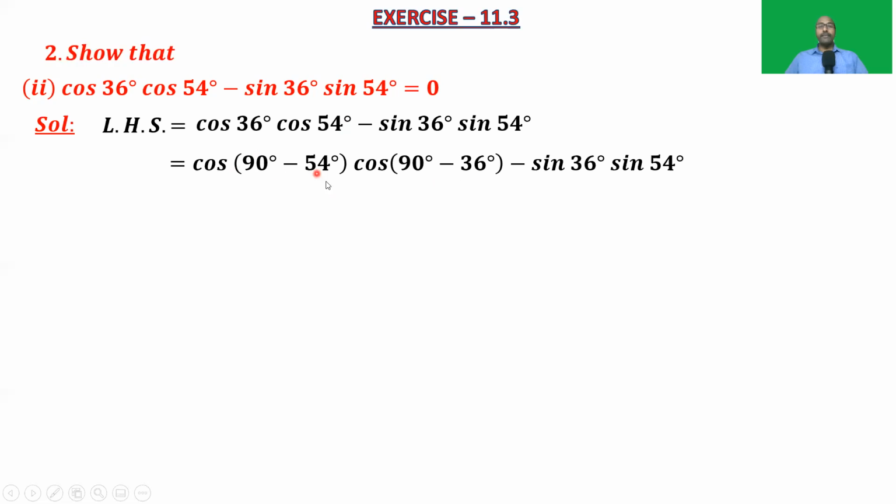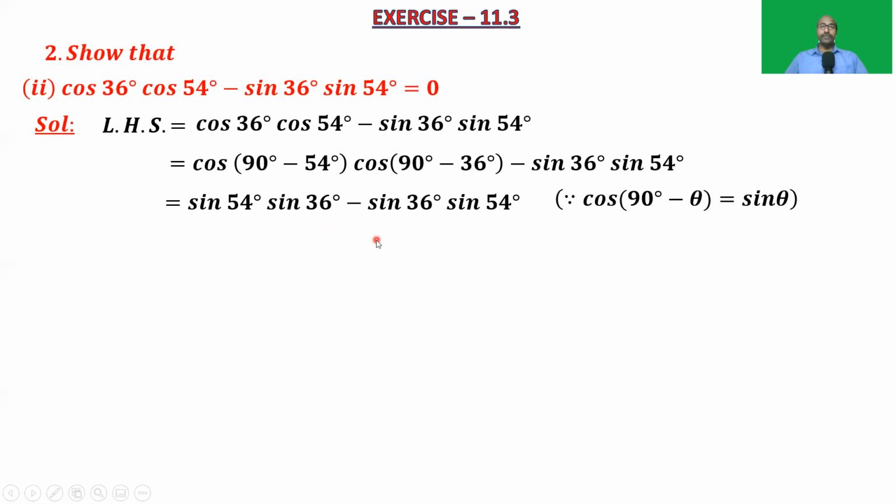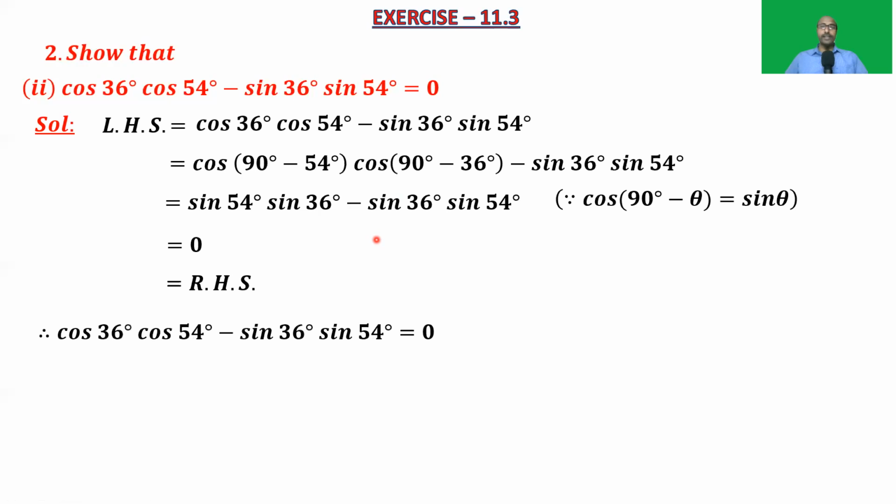And these are of the form cos of 90 degrees minus theta, which is equal to sine theta. So we can write sine 54, sine 36. Again, here we have sine 36, sine 54. Both are the same, so their difference is 0, which is equal to RHS. Therefore, LHS is equal to RHS.